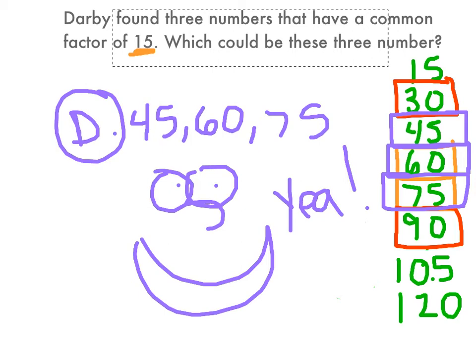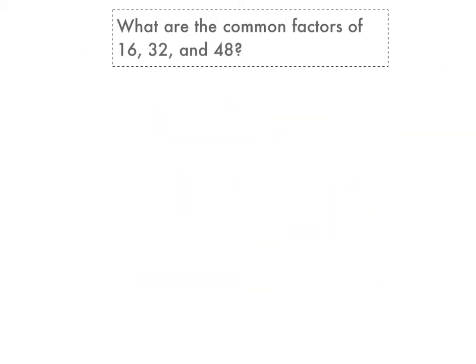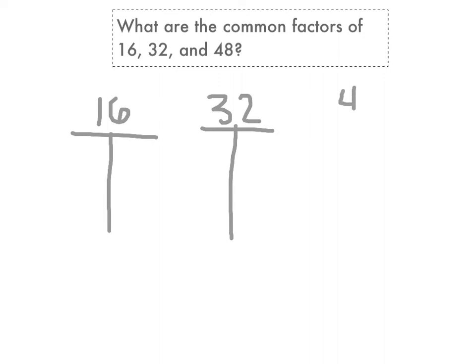Okay, now let's look at another problem. I think this was number 2. So number 3 says, what are the common factors of 16, 32, and 48? So in this one, we're looking at 3 different numbers. Again, I like to use little T-charts to do my factors with.